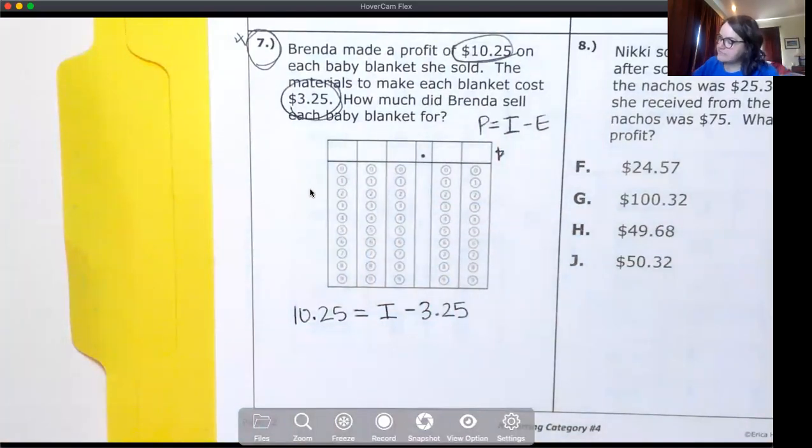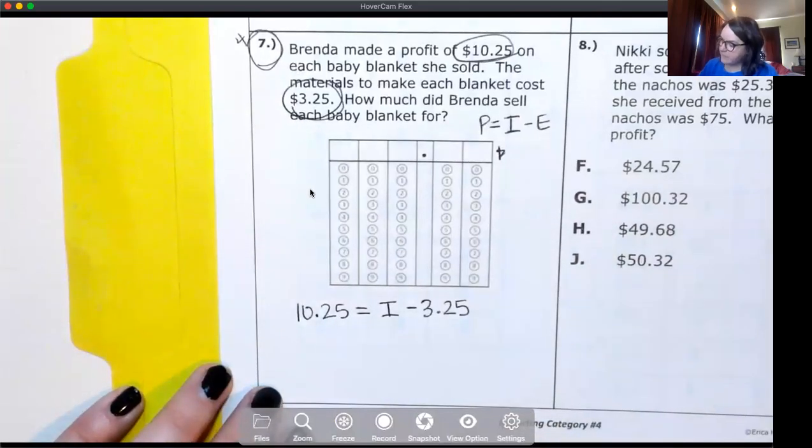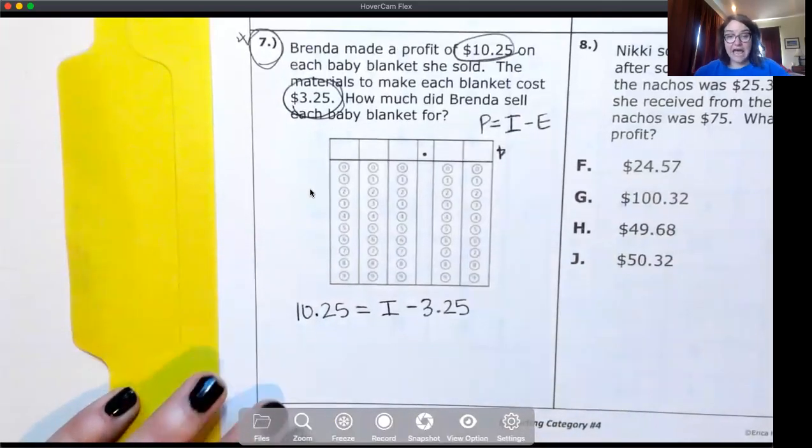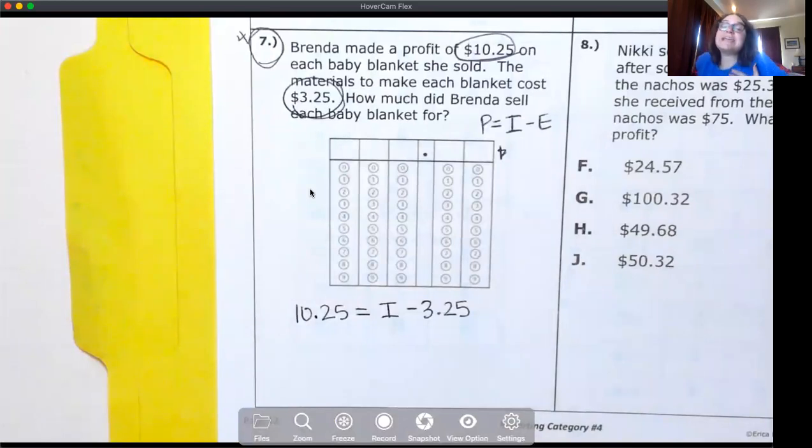Okay, so let's now go and see. I am actually going to be adding these. The opposite of subtraction is addition, and we're trying to go the opposite way here.